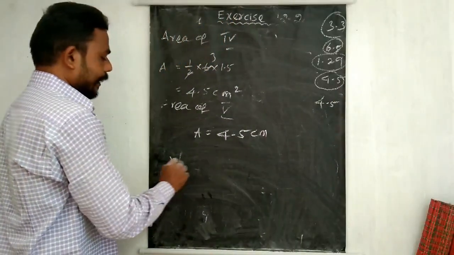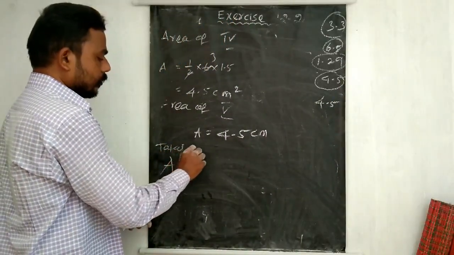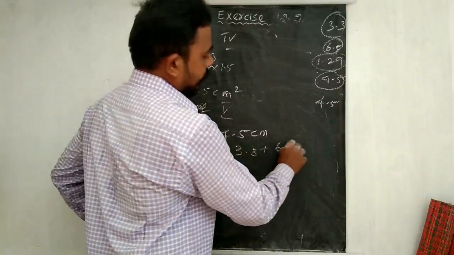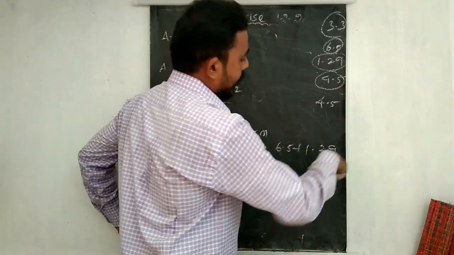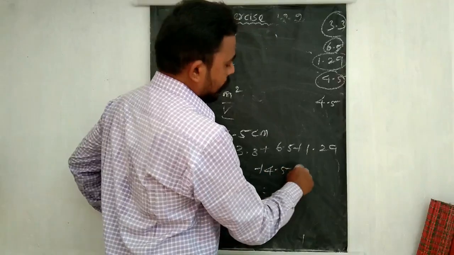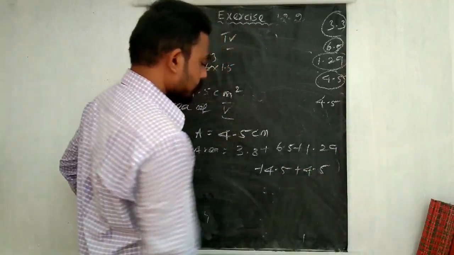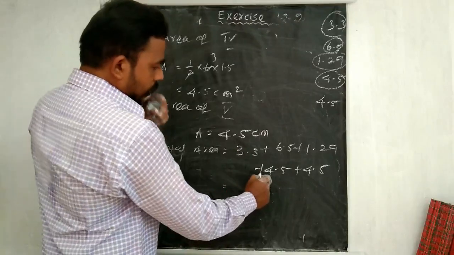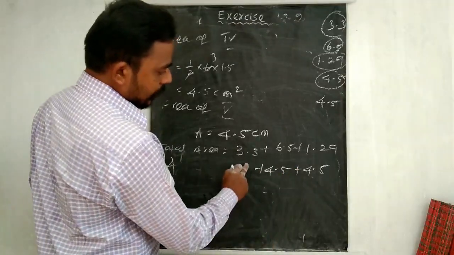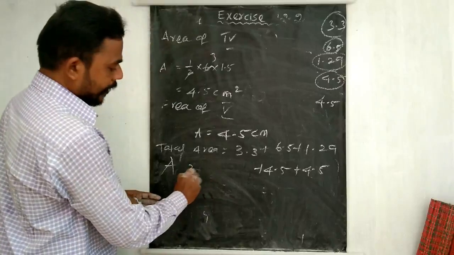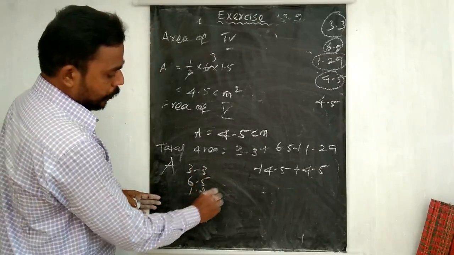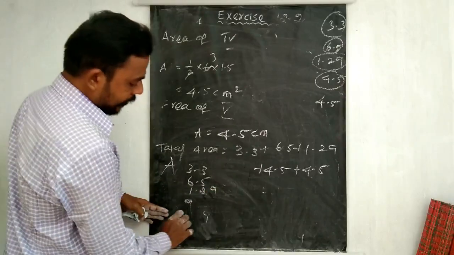So the total area equals 3.3 plus 6.5 plus 1.29 plus 4.5 plus 4.5. So 3.3 is 6.9, 3.3, 6.5, 1.29, approximately this is 9.